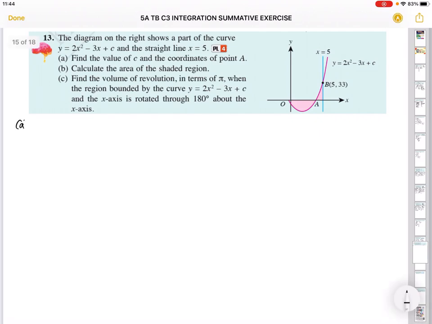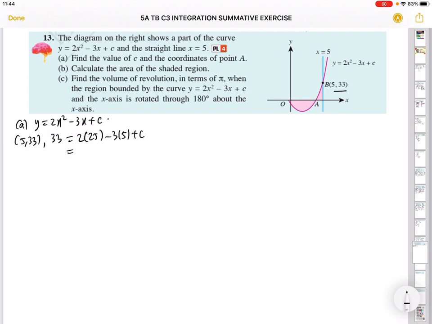When x equals 5, y is 33. So 33 equals 2 times 5 squared, which is 25 times 2 is 50, minus 3 times 5 is 15, plus c. 50 minus 15 is 35. So 33 minus 35, c is negative 2.